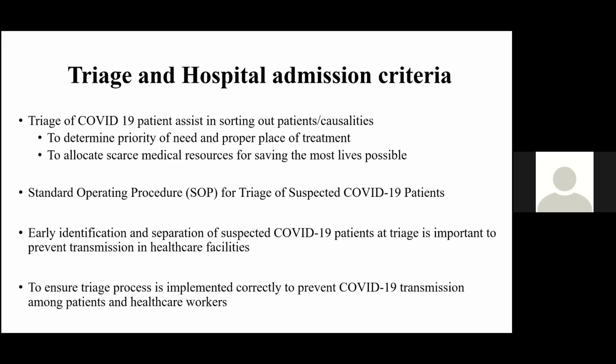Most of the time they come as usual patients, and at triage we are there to know who has a high probability of being COVID-19. Then you determine the priority of need and the proper place of treatment for those suspects, until proven either positive or negative.